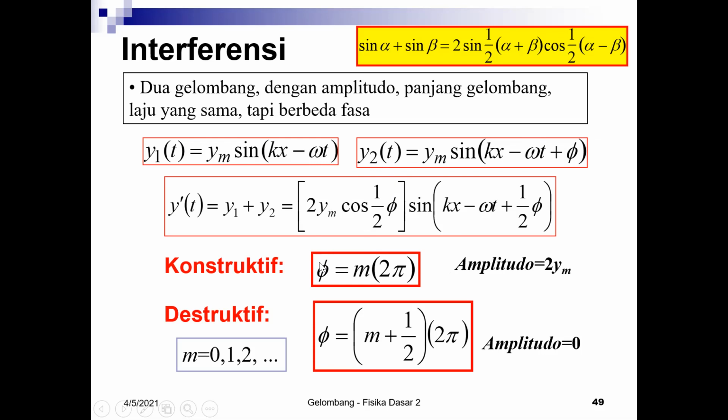That's constructive. We could also have minus 1, but in general we could have plus or minus 1. Destructive means the cos of phi over 2 is 0, so phi should be (n plus a half) times 2 pi.